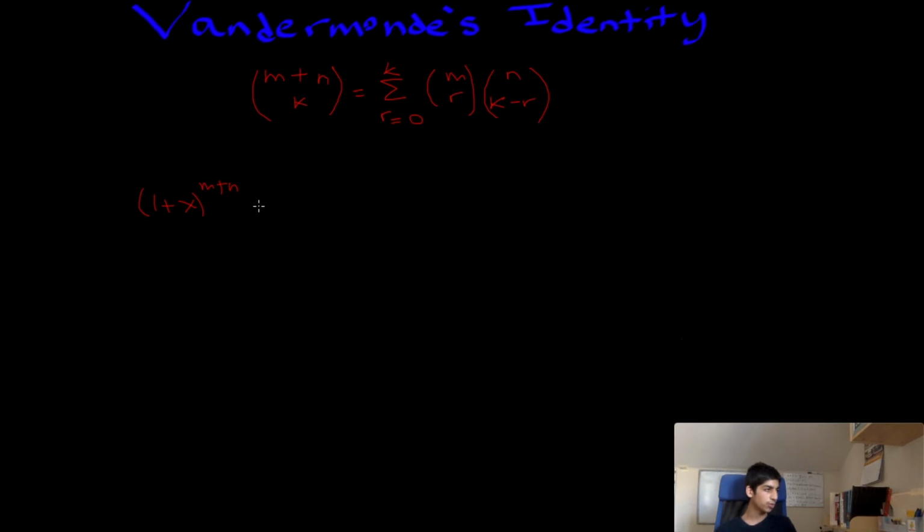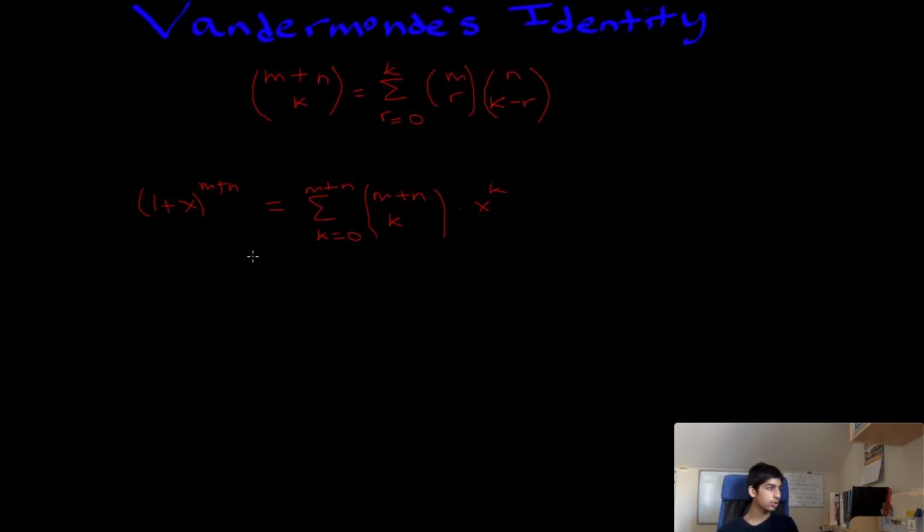And using that, we find that this is equal to the summation from k equals 0 to m plus n of m plus n choose k times x to the k.